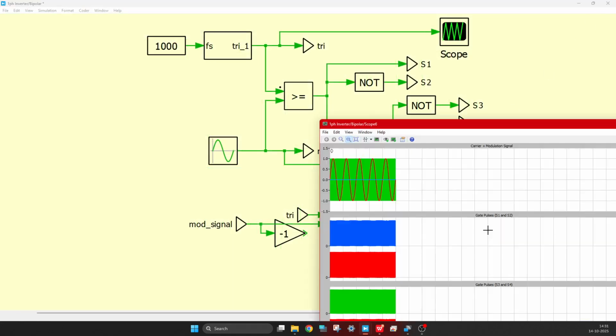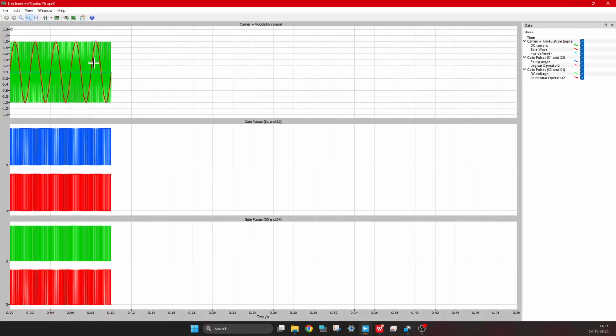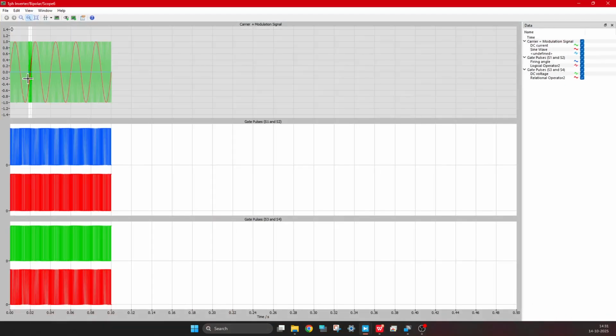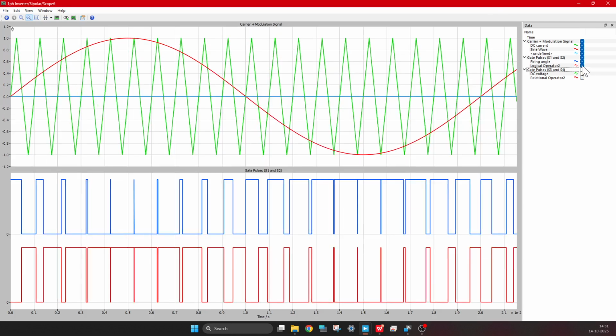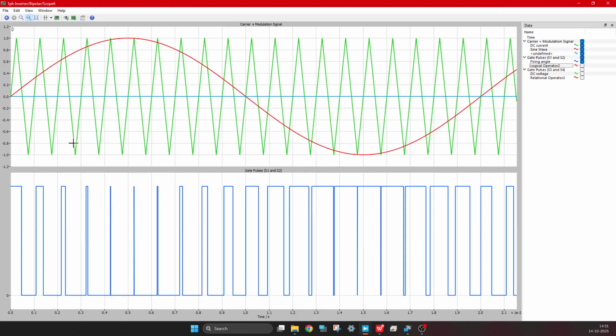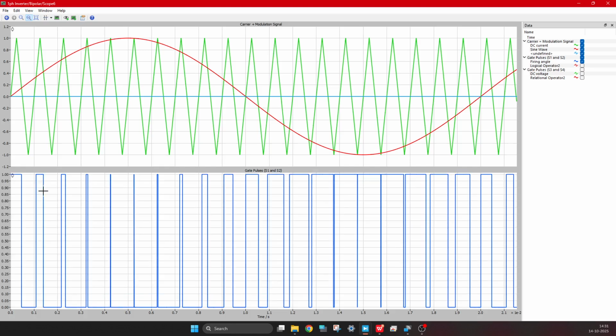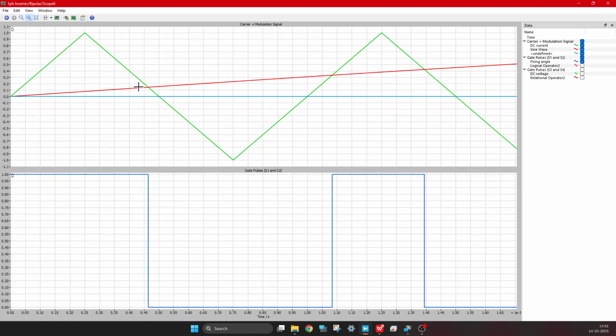And if we see the gate pulses, let us zoom in on this plot. Okay, so first let me just show you how S1 looks. Let us zoom only here.